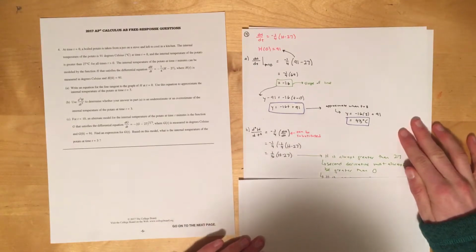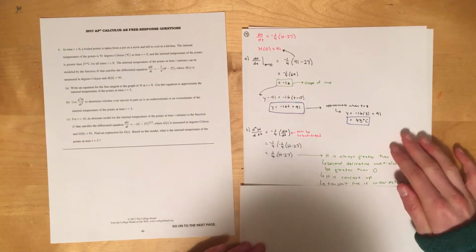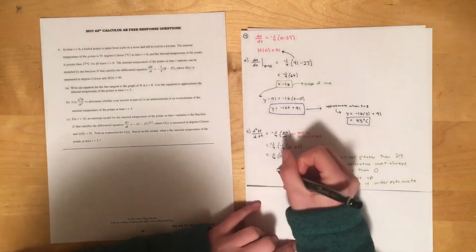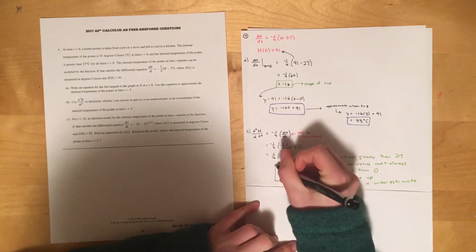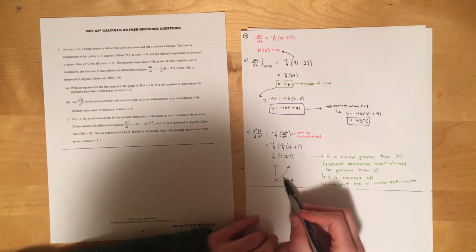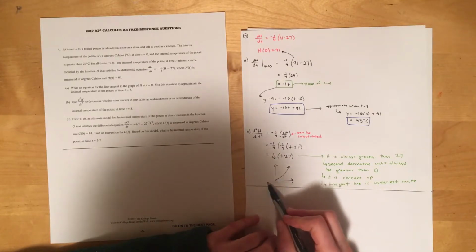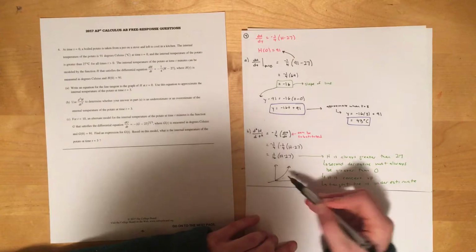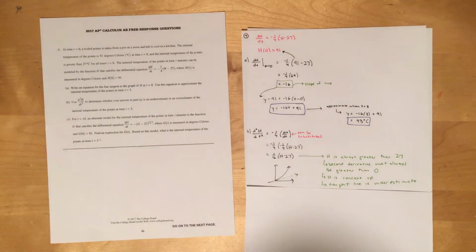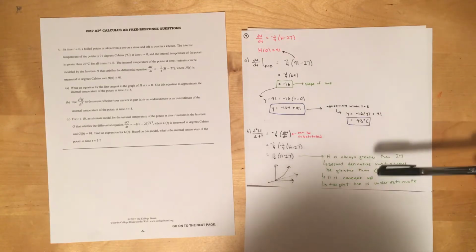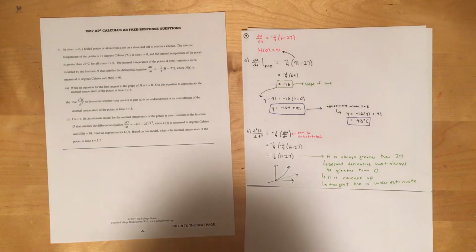So that means the tangent line is going to be an underestimate because, for example, if you have a graph that's concave up and you have a tangent line down here, you can see it's an underestimate of what the actual graph is. So again, since h is concave up, it must be an underestimate.